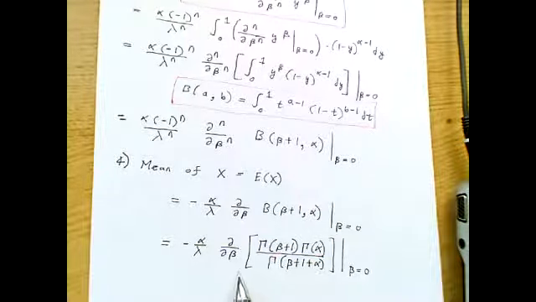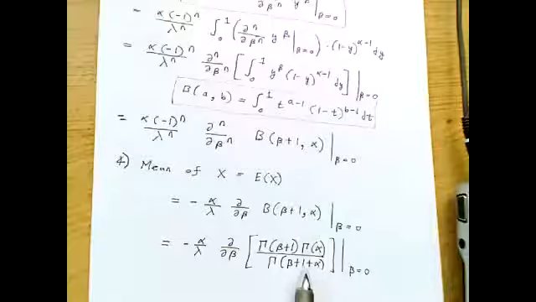Now, to do this differentiation is easy because all you have to do is the quotient rule. I'm sure all of you know the quotient rule for differentiation. You have a function involving beta, which is this term, and another function involving beta, which is this term.